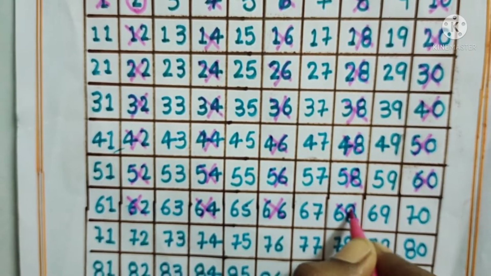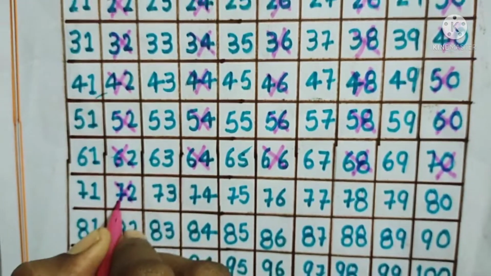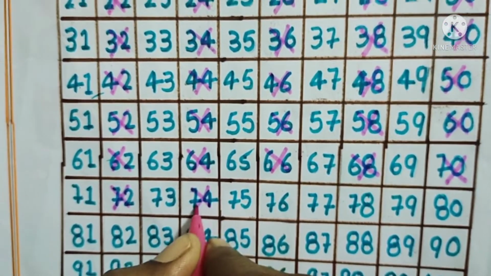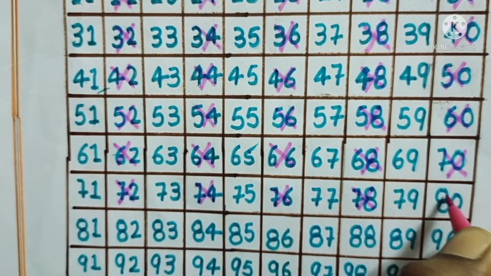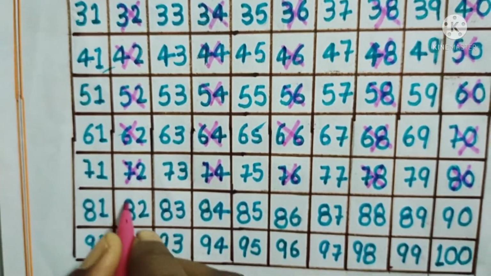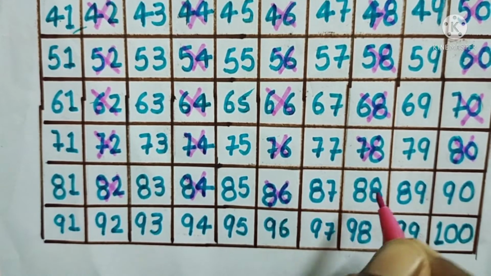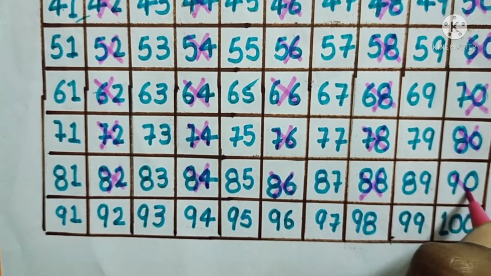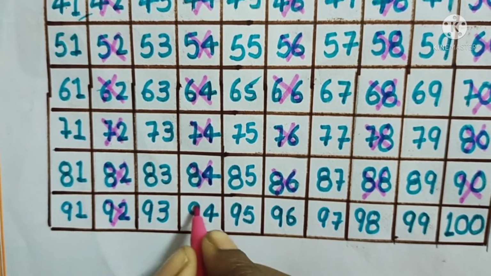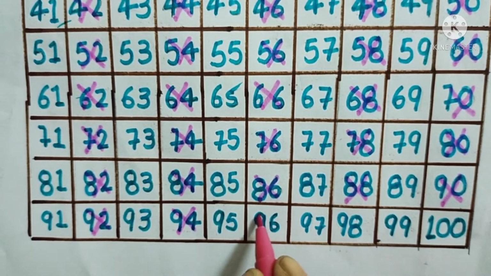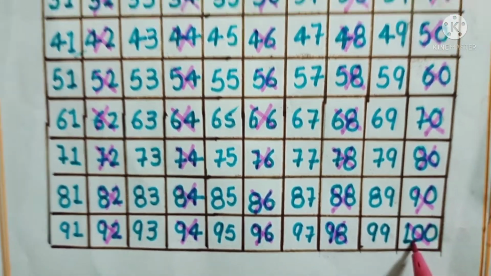66, 68, 70, 72, 74, 76, 78, 80, 82, 84, 86, 88, 90, 92, 94, 96, 98, 100.